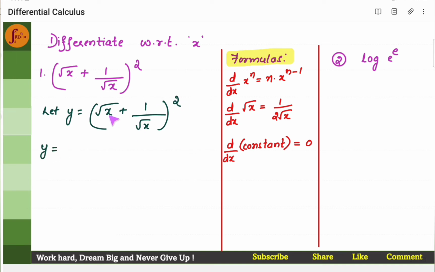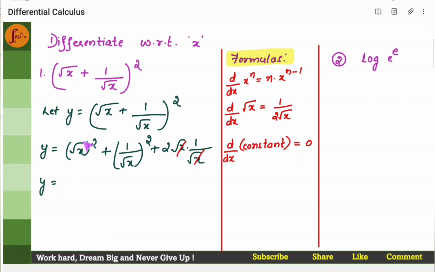If I expand this, I'll get root x square plus 1 by root x the whole square plus 2 into root x into 1 by root x. This and this will get cancelled. So I'll get y is equal to, root and square will get cancelled, x plus 1 by x plus 2.